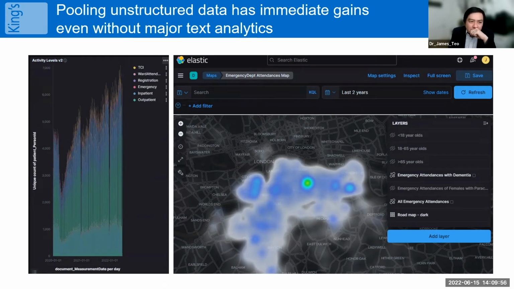And so we could handle unstructured data in a similar way to structured data, and we could generate dashboards like this to measure activity levels in the different work streams. You can create geospatial maps to search emergency attendances, plus various dementia-related words, and you can create all these dashboards with relative simplicity, even without any significant NLP, just simply by pooling data.